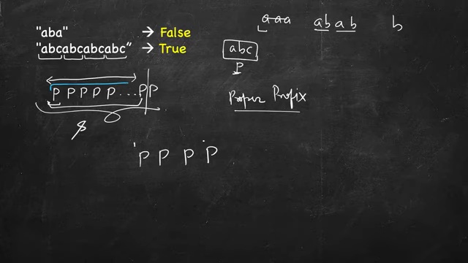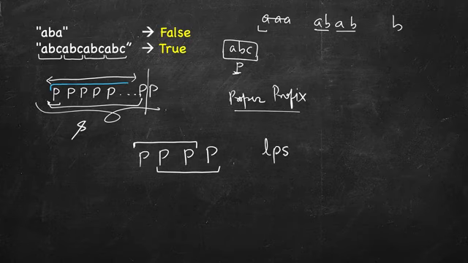So let's say we have this form. Just ignore the last P for now. Then this is same as this. So this prefix is same as this prefix. So this will be the longest prefix suffix of n-1, that is, excluding the last character.